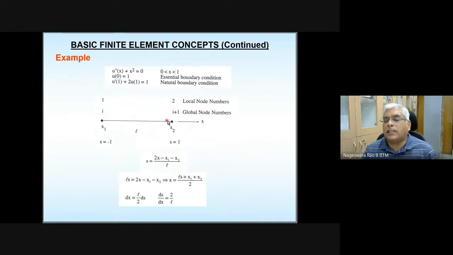You can imagine this is one point, this is another point, and you are stretching a rubber band between these 2 points. The length of this rubber band is L, but I want to map this onto another element or parent domain, where this corresponds to -1 and this corresponds to 1.